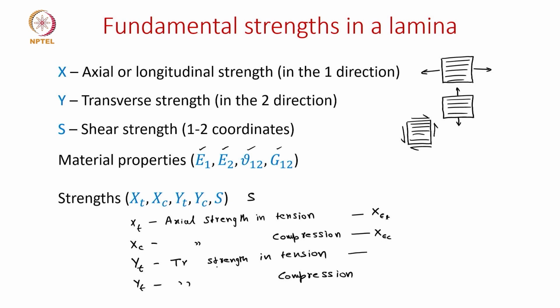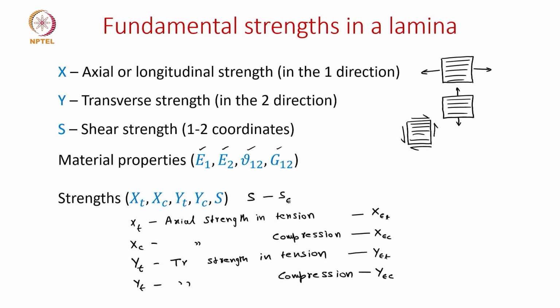Similarly, for transverse strain in tension, we write it as y epsilon t, and transverse strain in compression, we write it as y epsilon c. And corresponding to the shear strength, the corresponding strain, we write it as S epsilon.